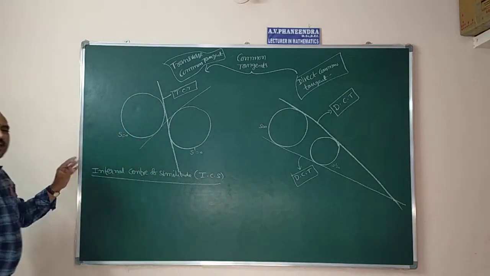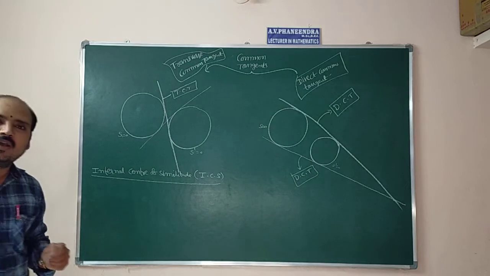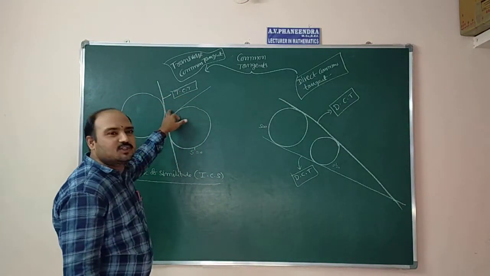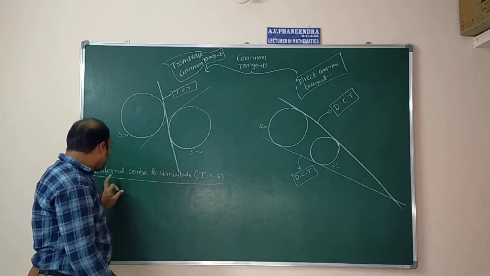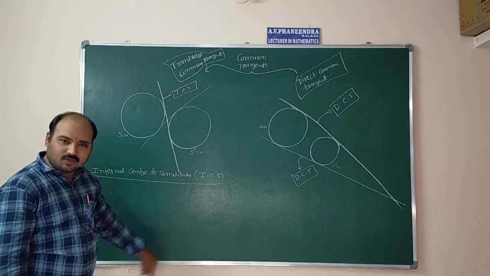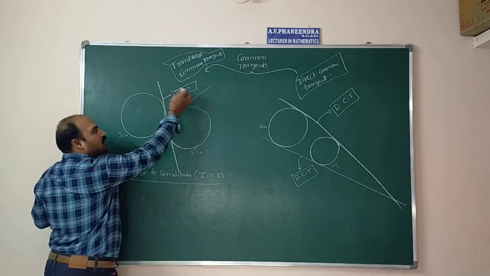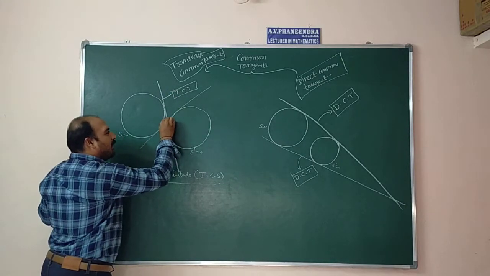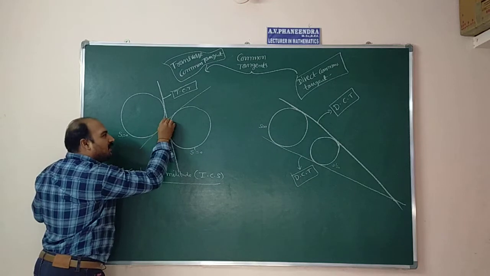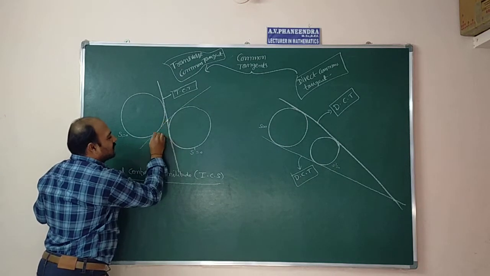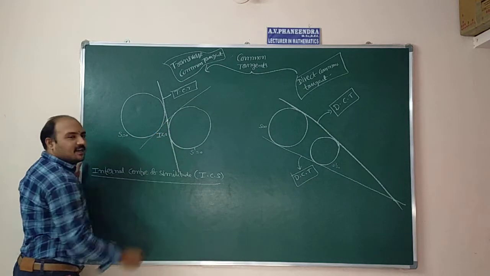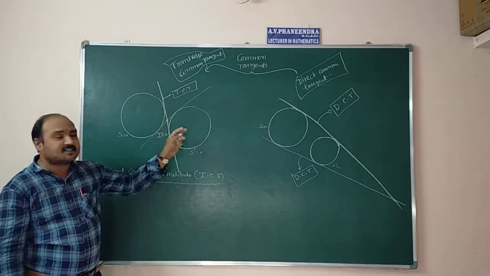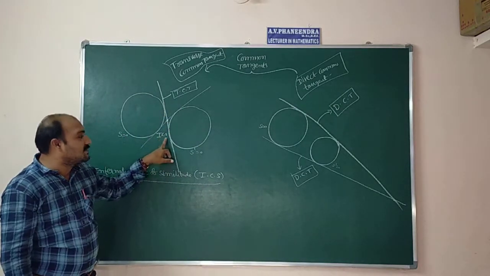What is internal center of similitude? The point of intersection of transverse common tangents to the given circles is called internal center of similitude. These two are transverse common tangents which are intersecting at this point. This point is called ICS, internal center of similitude.